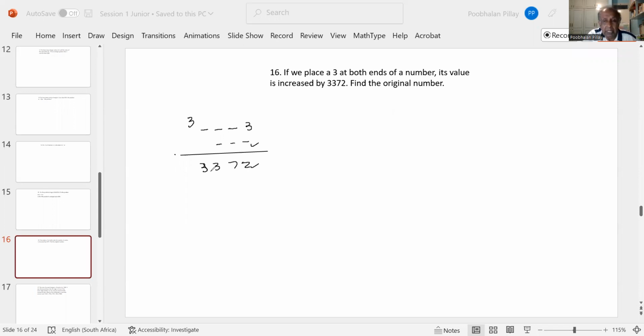That's impossible. If you add 3372 to a 3-digit number, you can never get a 5-digit number. It'll be a 4-digit number, because you've got 3,000 plus a 3-digit number, which is less than 4,000. So you can't have a 3-digit number as the original one. Not possible.